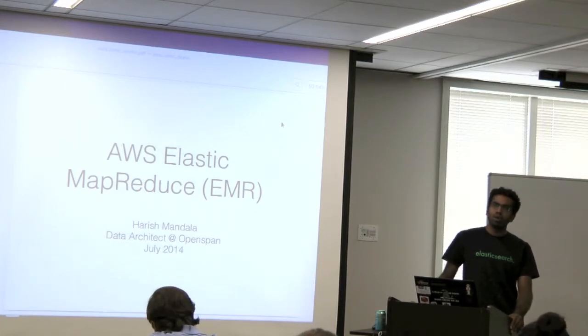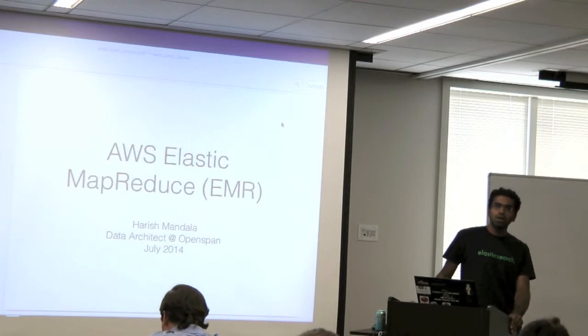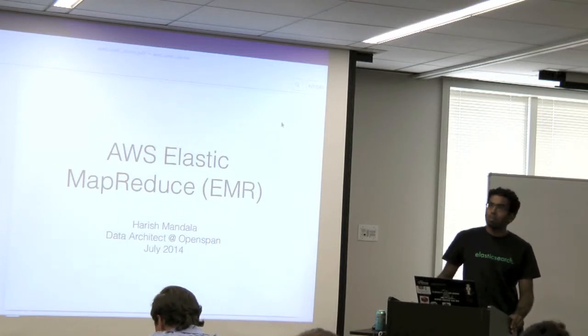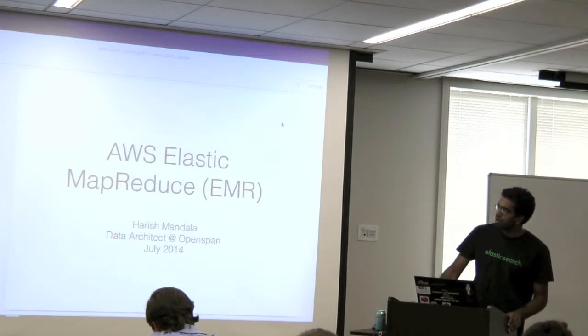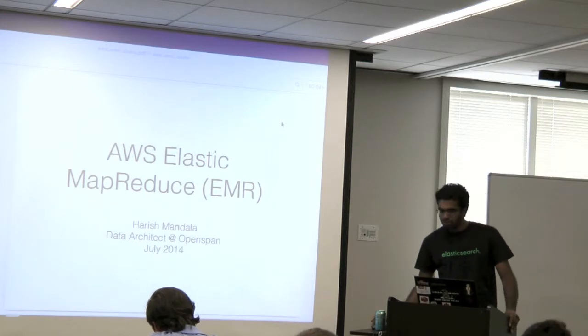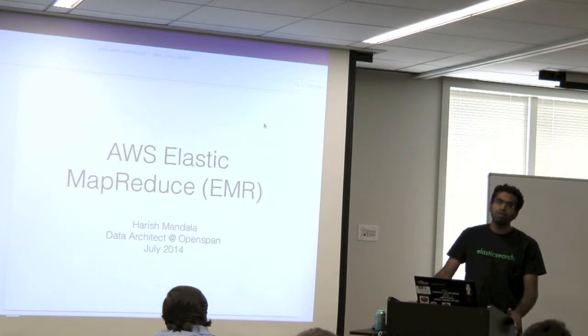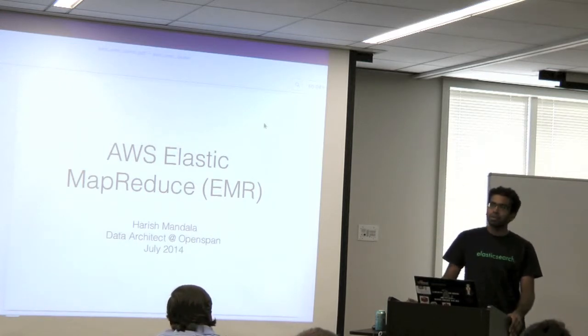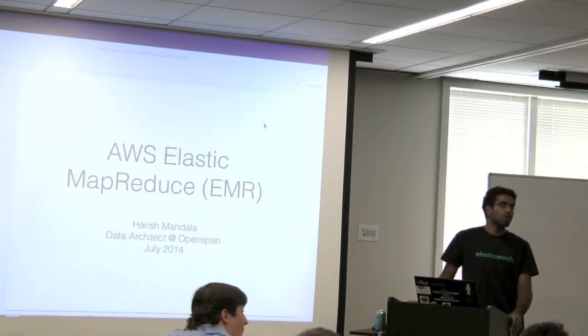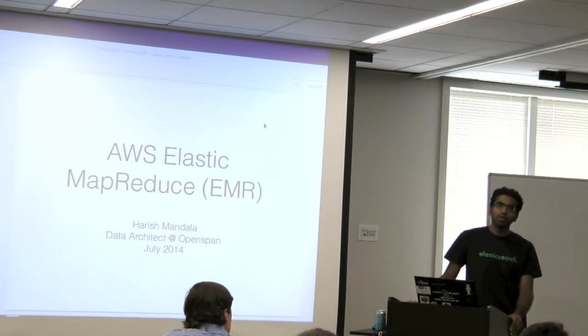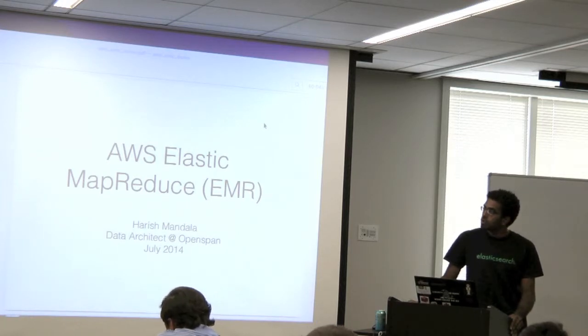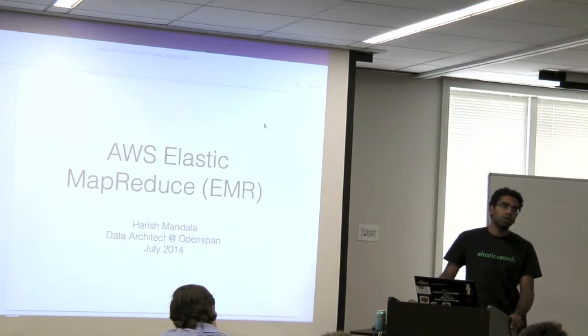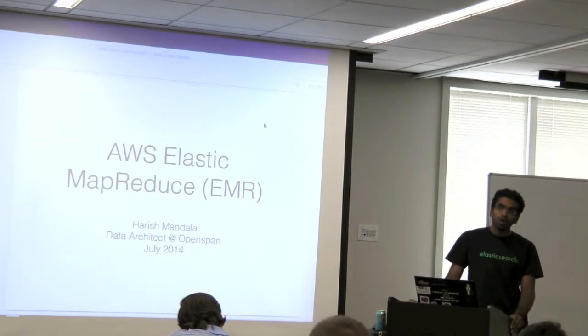Just before we begin, I'd like a quick show of hands as to how many people here actually use AWS. Cool. So I think most of us are acquainted with AWS at least. And how many of you actually use Hadoop in any form or flavor, whether it's AWS or Cloudera or whatever? How many of you are aware of Hadoop or have at least experimented with it?